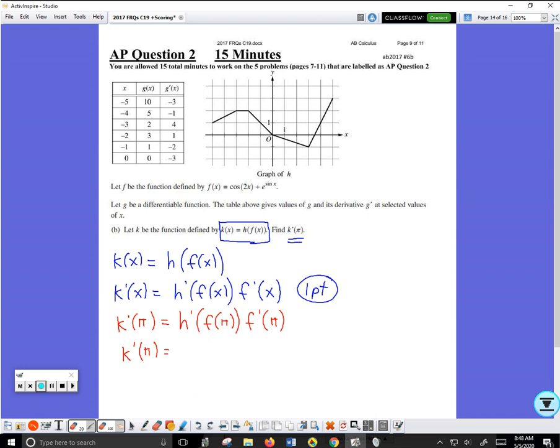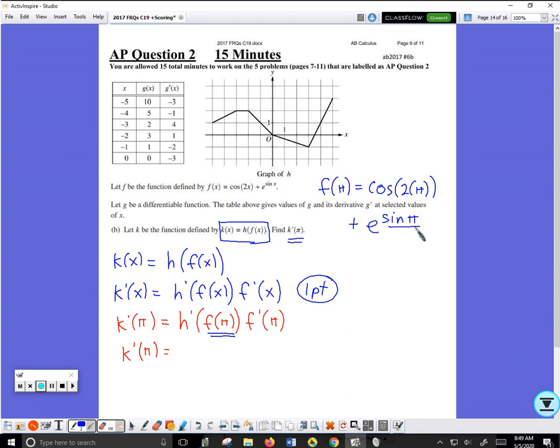So this is going to be, let's see, we've got to find f of pi. So let's go do that. So f of pi is going to equal the cosine of 2 times pi plus e raised to the sine of pi.